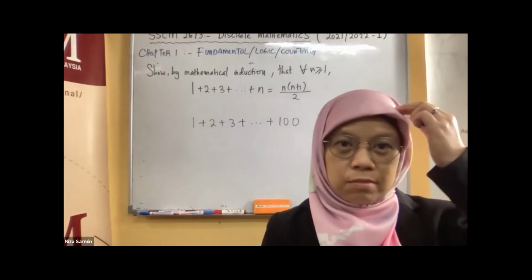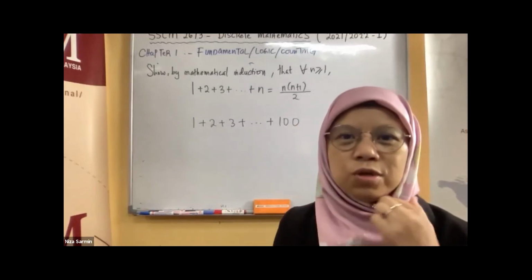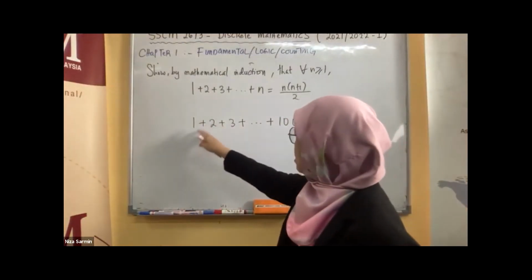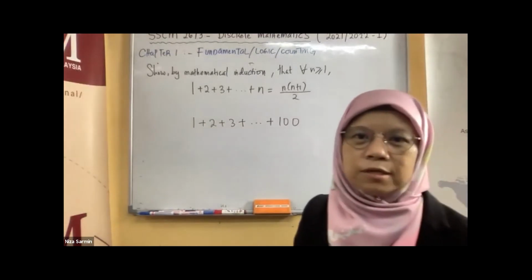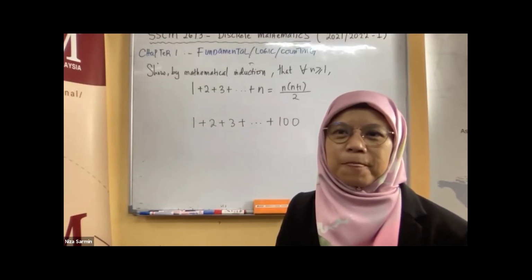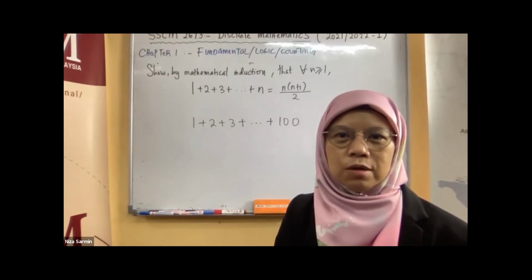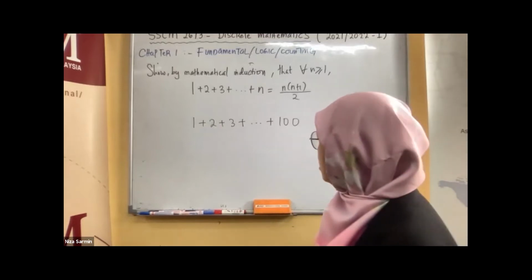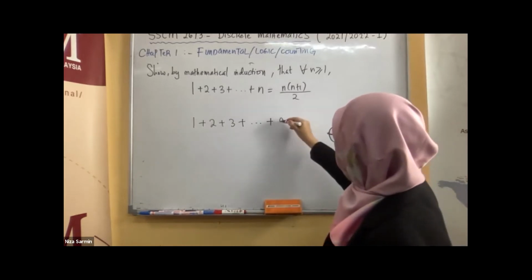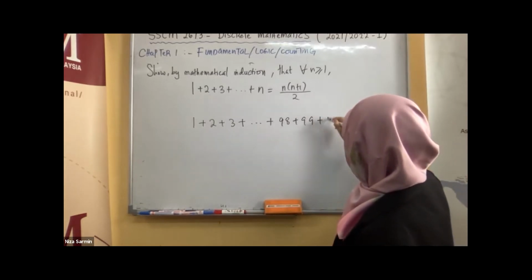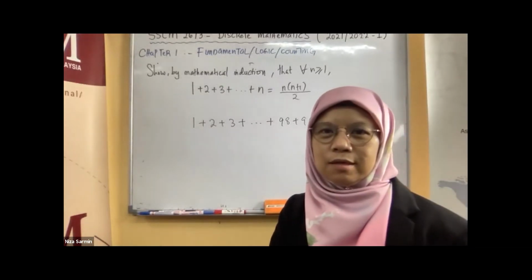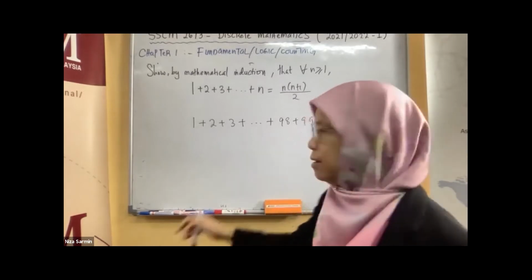So most students, or all students, started counting. Plus, right? 3, 6, it takes so long to finish. And then this one student directly got the answer. Very fast. So what did he do? He wrote 1 until 100. And then he wrote the other way around, from 100 to 1.